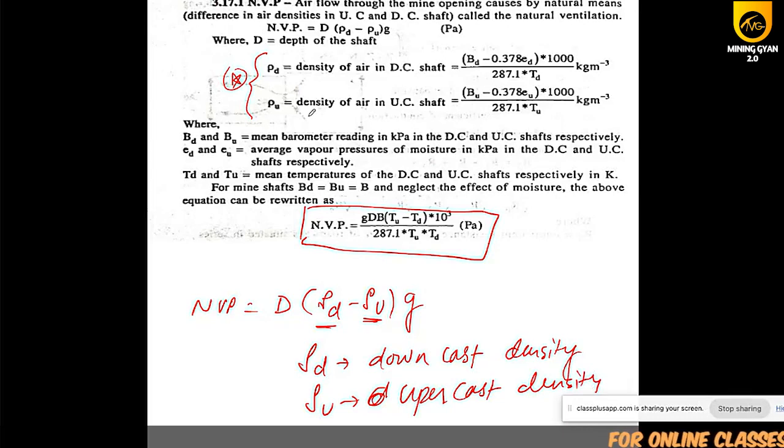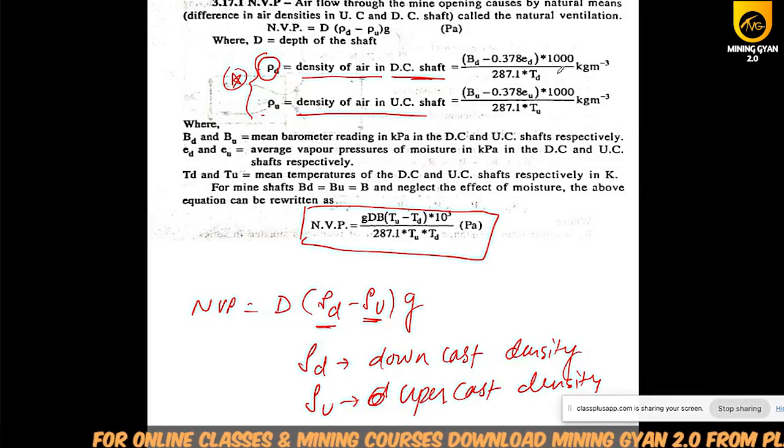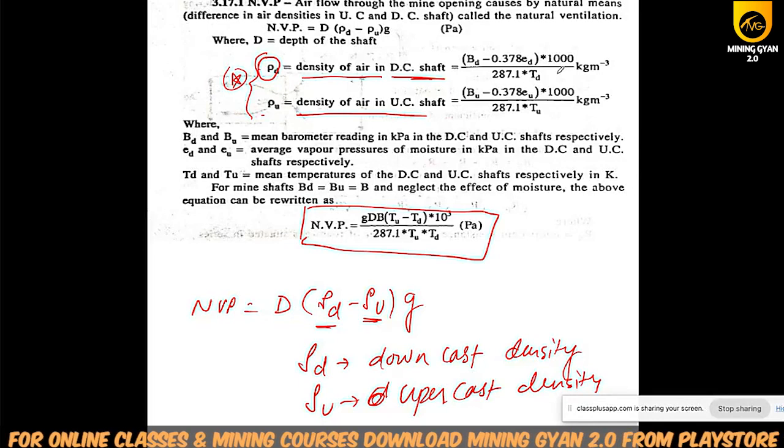So rho D means density of air in the downcast shaft, and rho U is density of the air in the upcast. So it will be BD minus 0.378 ED into 1000 divided by 287 into TD. They can ask you a direct question based on it, or sometimes they can ask you what is the density of the downcast shaft, one of these values, or the density of the upcast.